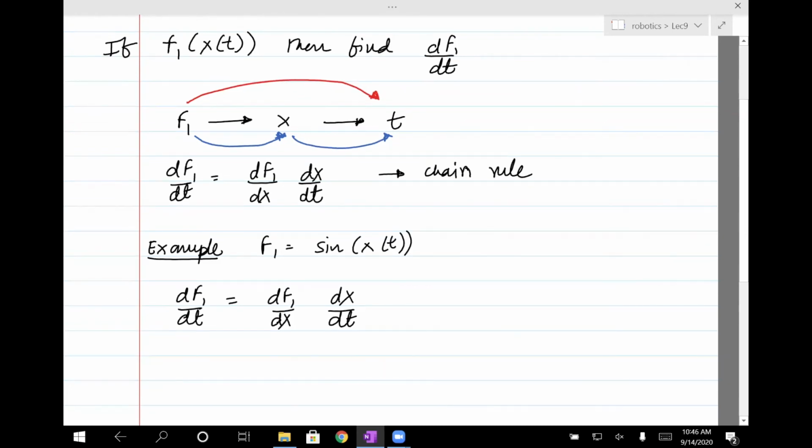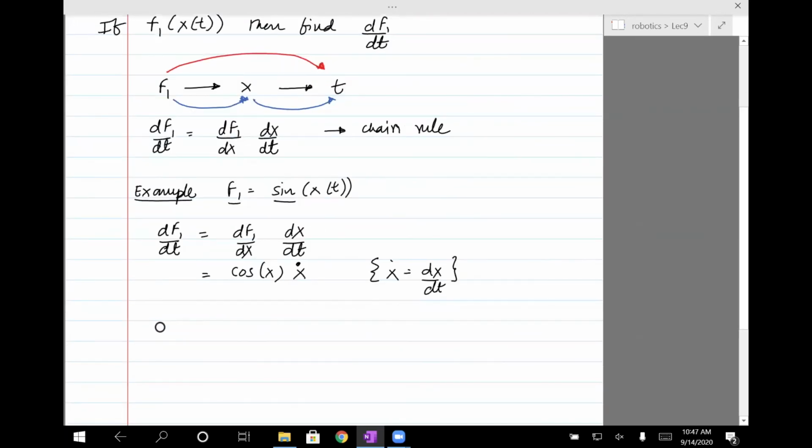And the second part, dx dt, takes care of the fact that x is actually a function of t. So the derivative of f1 with respect to x is going to be cosine of x. And then the second part is simply dx dt, or some people like to put x dot. X dot is dx dt.